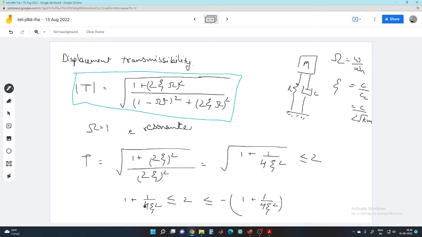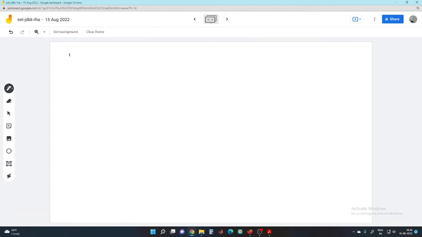Then this inequality will be much easier, but this is the one we want to solve. We can use equality first. 1 plus 1 by 4 xi square equals plus or minus 4. So 1 by 4 xi square equals plus or minus 4 minus 1. This becomes minus 5 or 3.